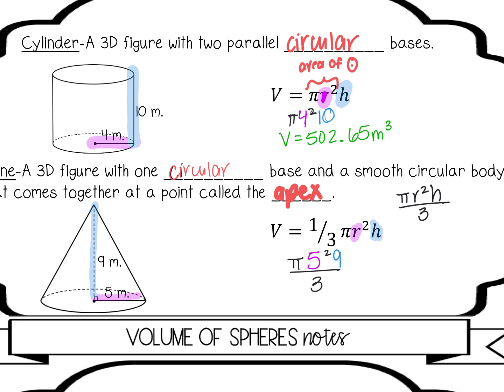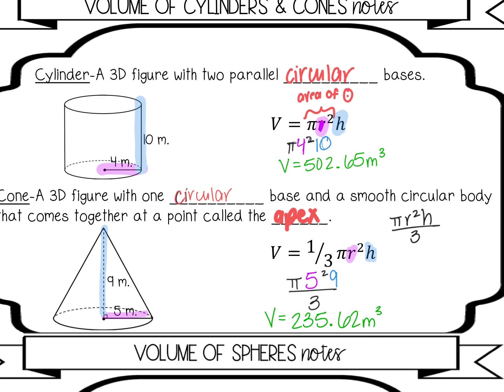Your answer for this volume is going to be 235.62 meters cubed. All right, so don't forget you are dividing by 3. Questions on cylinders and cones?